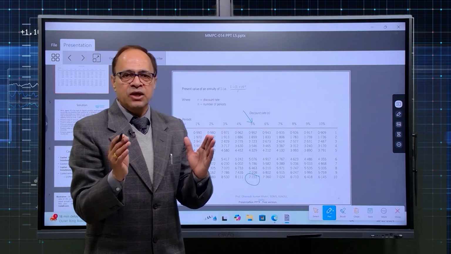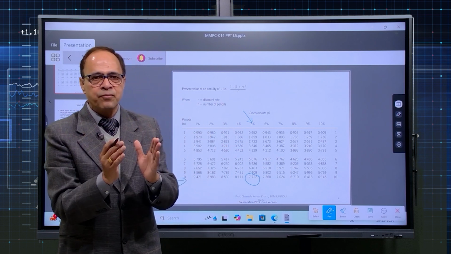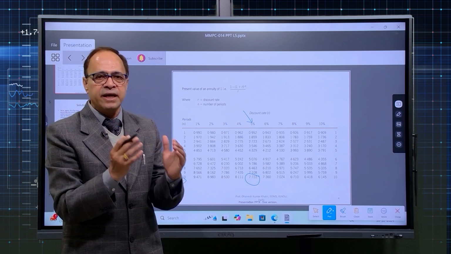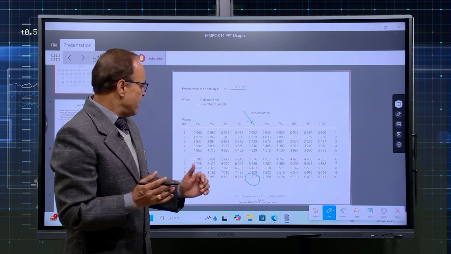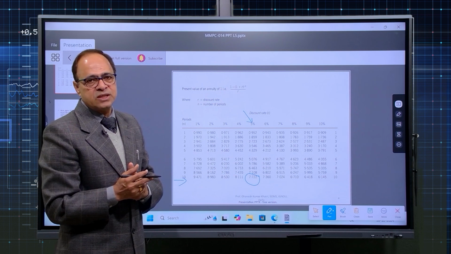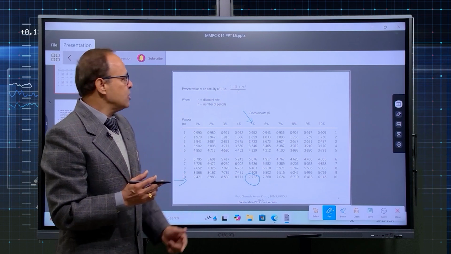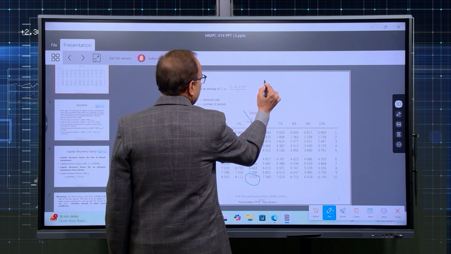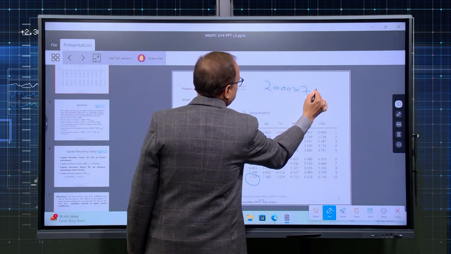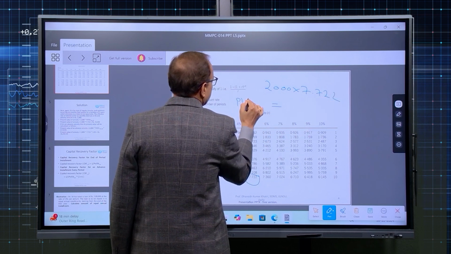This means if every 6 months you are going to get rupee 1 for a total duration of 5 years, that means 10 times during the 5 years, then the present value of all those 1 rupees coming to you successively is 7.722. But in our case we were getting 2000 every time. So, we do it like this, 2000 multiplied by 7.722. So, this becomes the present value of that annuity.